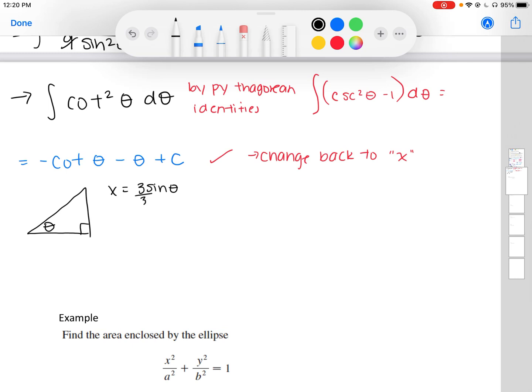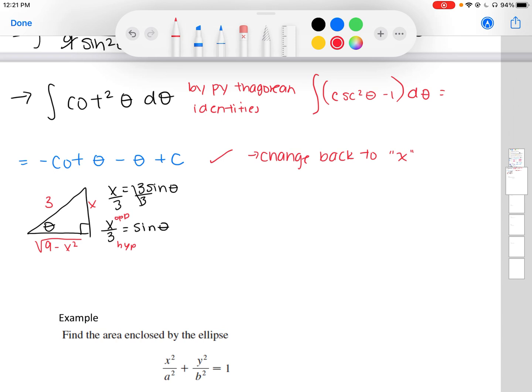So if we divide by 3, we're left with x over 3 is equal to sine of theta. Remember, sine is opposite over hypotenuse. So we have opposite is x. Hypotenuse, the side across from your 90 degrees, is 3. So this side is 3 squared minus x squared. So we have 9 minus x squared.